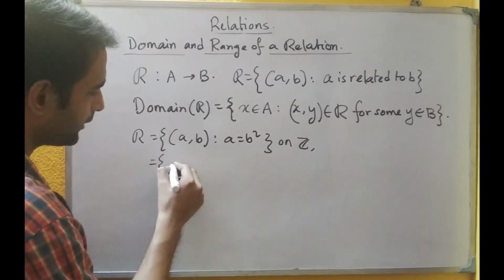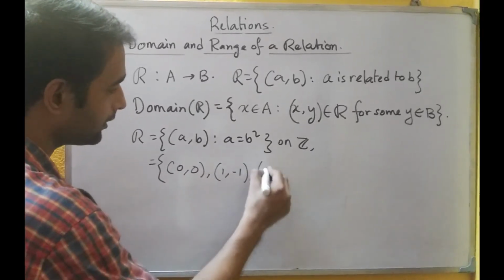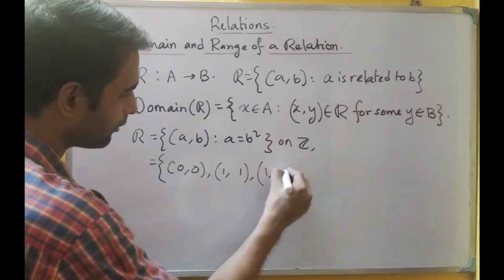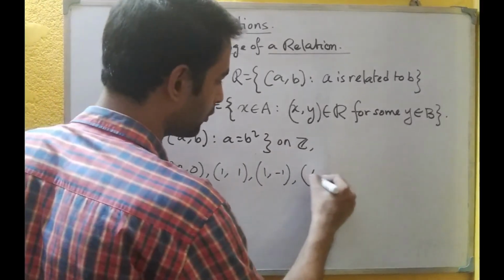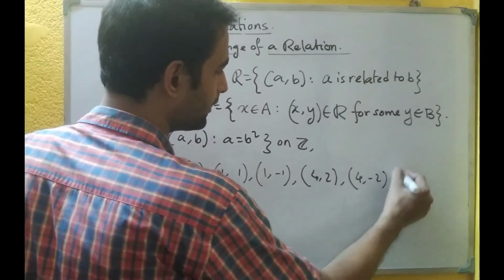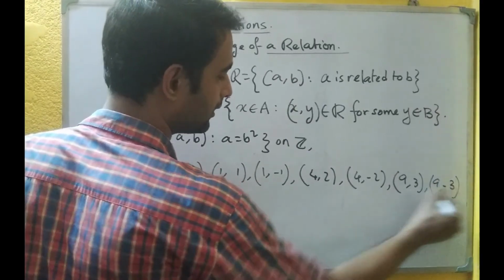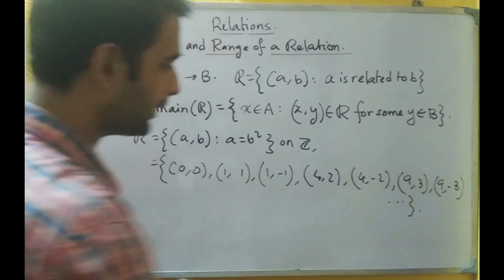We have seen that it should be 0, 0, then 1, 1 and 1, minus 1, 4, 2 and 4, minus 2, then 9, 3 and 9, minus 3, and so on to infinity.